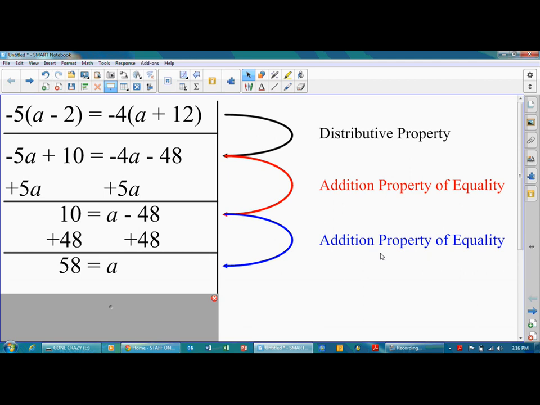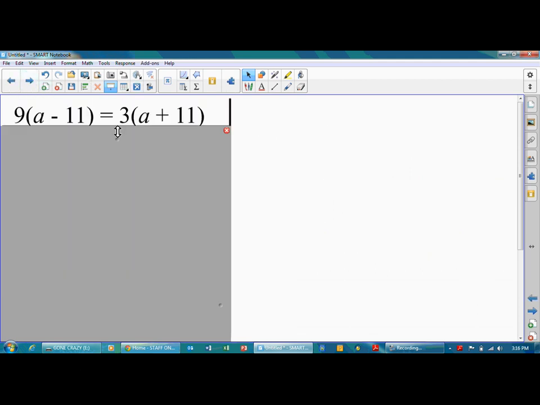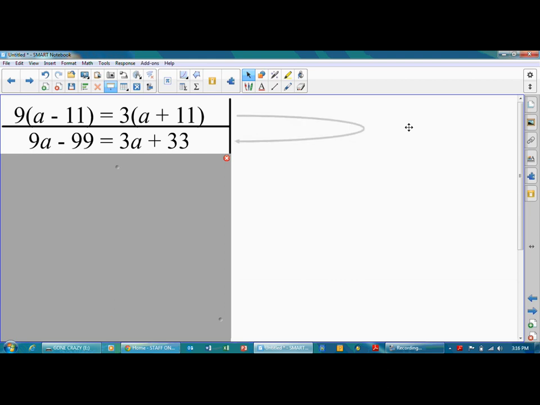Now, that was a nice short one. Let's take a look at another one. So we've got our problem here. As usual, we start off with the distributive property, and so we write down that we used the distributive property.